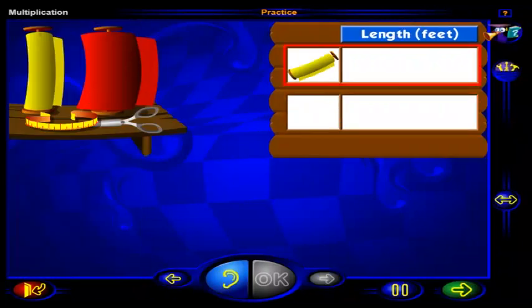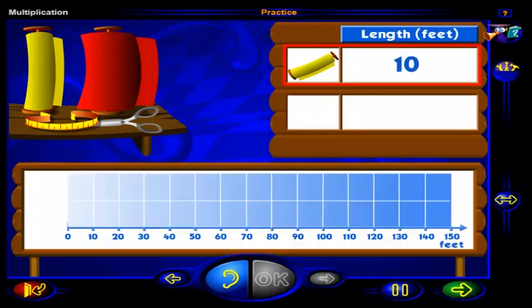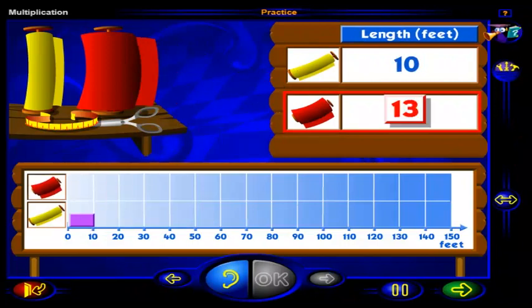This roll of yellow material is 10 feet long. On a number line, we can draw a bar 10 units long to show the length of the roll. This roll of red material is 13 times as long as the roll of yellow material, or 13 times 10 feet.